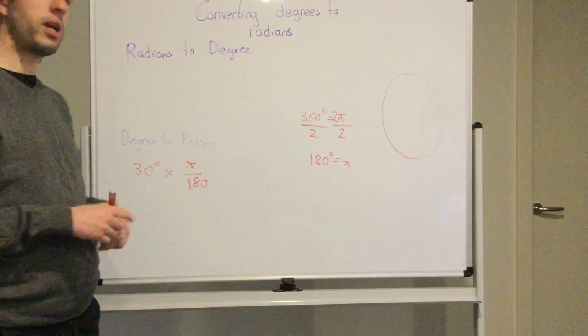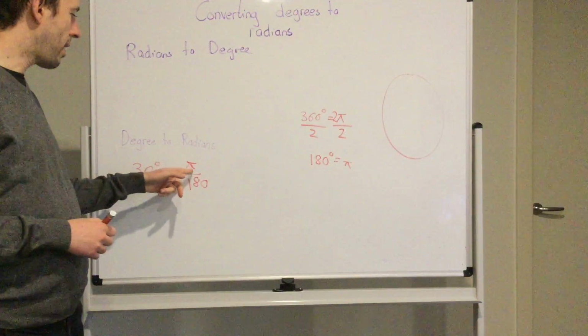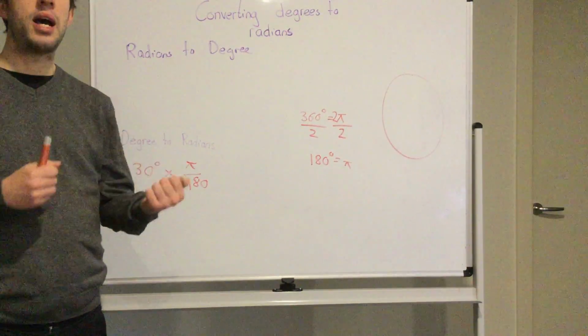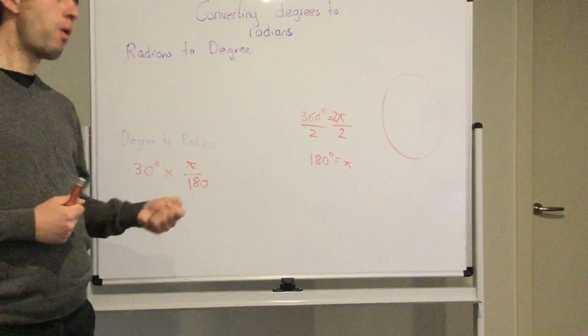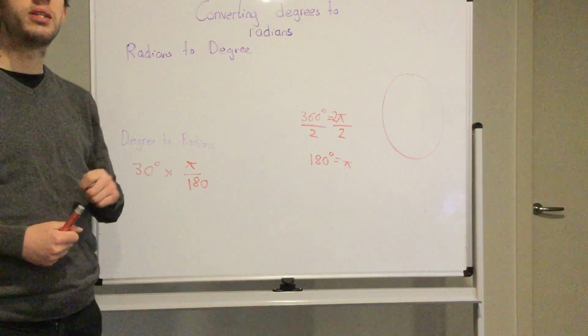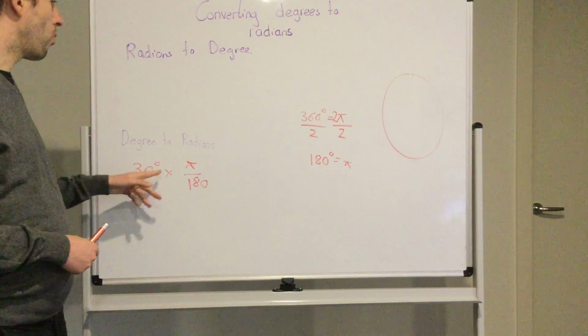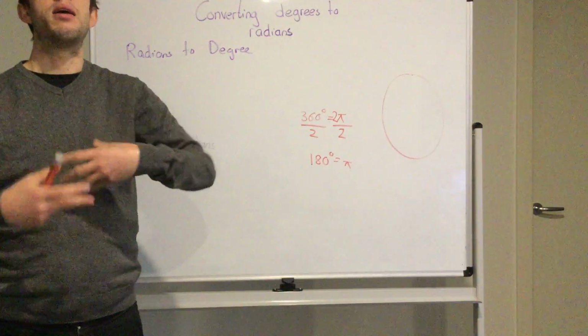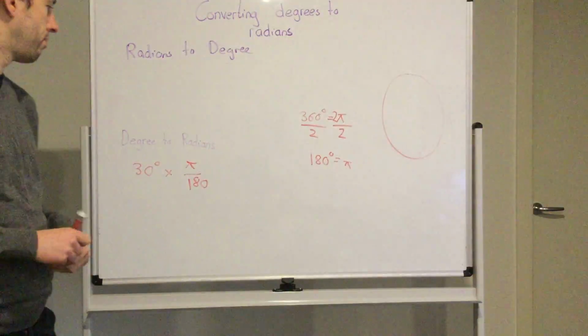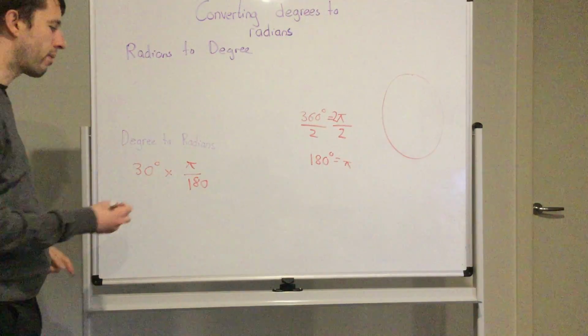Now pi divided by 180 is not the same number, however it is like me saying 30 degrees times 1, because when I'm converting, it's going to be equal. And then I simplify.